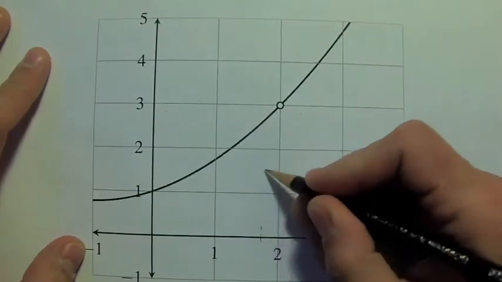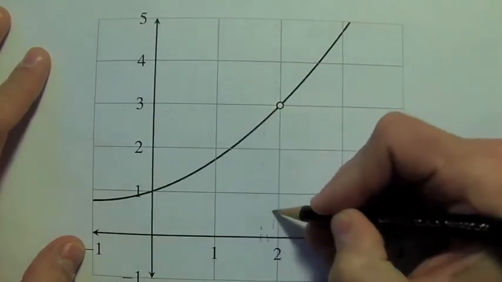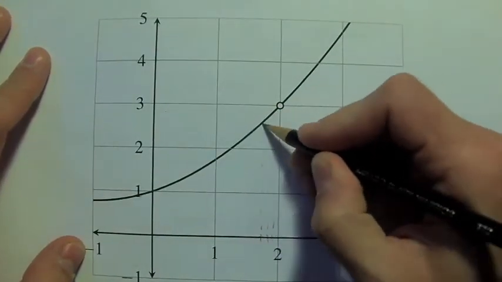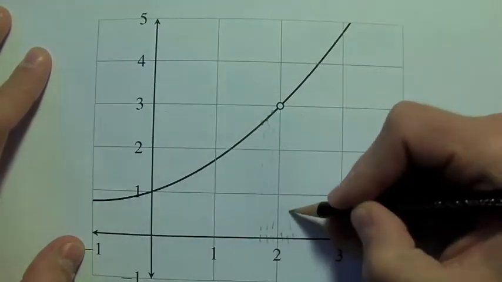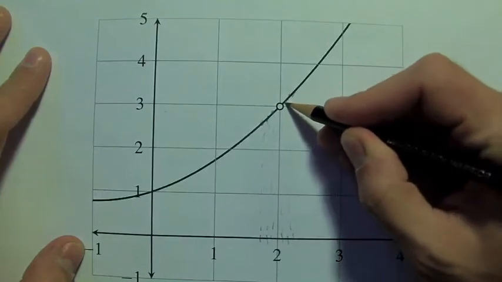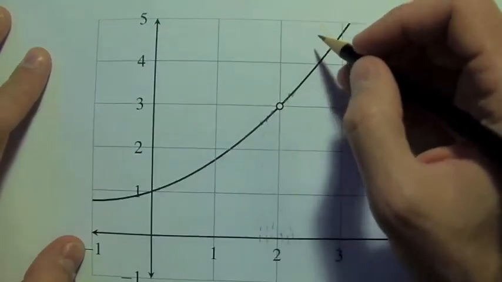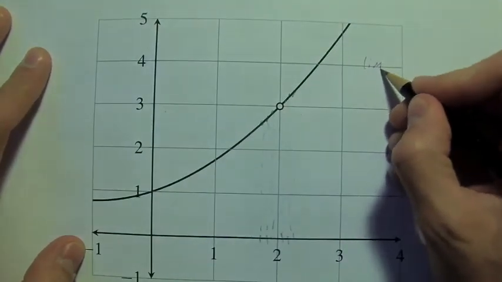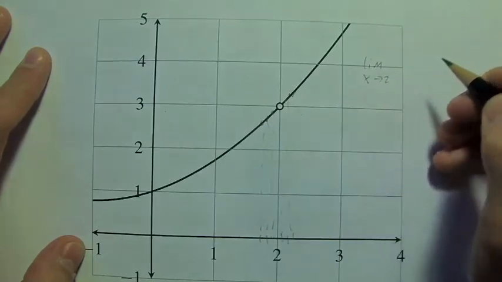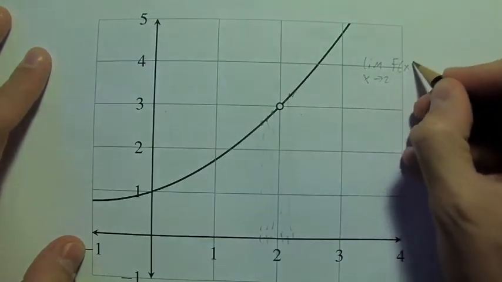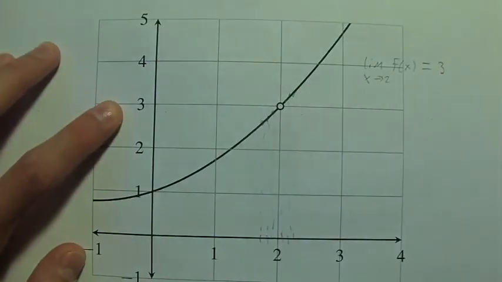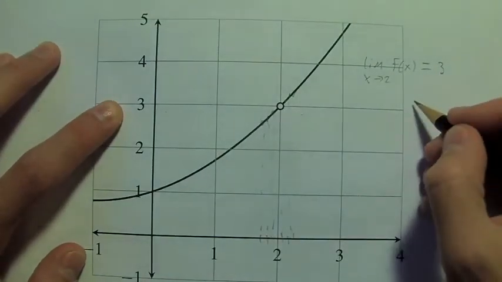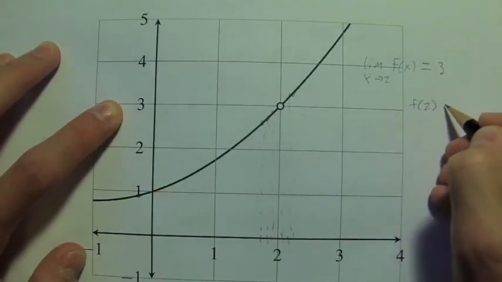If I look at the limit on both sides, we see that the points I draw get closer and closer to this open dot. So the limit of this function, f as x goes to 2, is actually equal to 3. But what is f of 2?